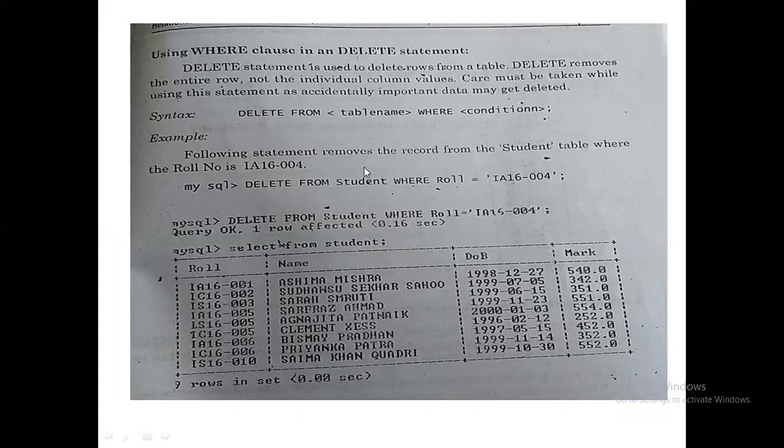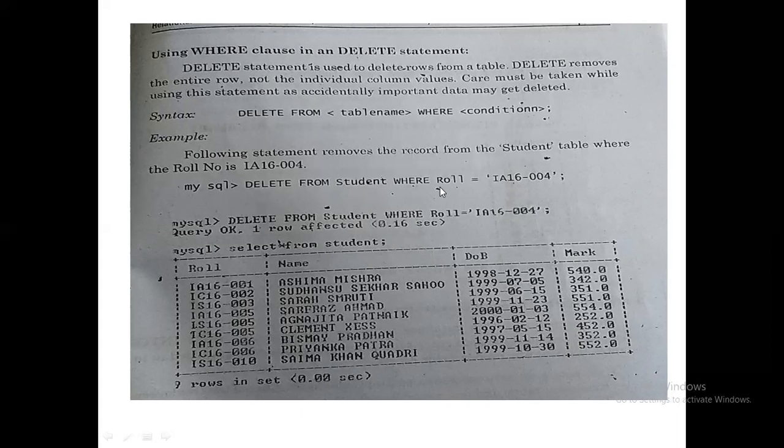Using where clause in a delete statement. Delete statement में where clause कैसे होता है? Delete statement is used to delete rows from a table. Delete removes the entire row, not the individual column value. Care must be taken while using this statement as accidentally important data may get deleted. Delete from table name where condition. The following statement removes the records from the student table where roll number is this one.